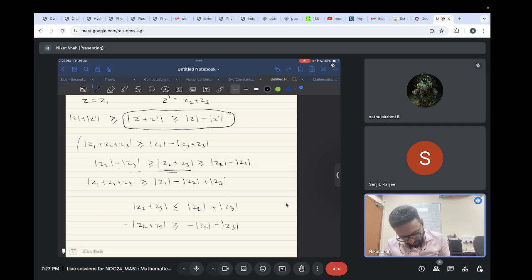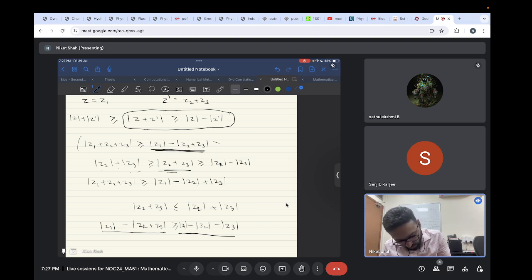Now I'm putting Z1 also on the left. So mod Z1 here, also mod Z1. What this establishes is that mod of Z1 minus Z2 plus Z3 will always be greater than this right hand side, and this is the left hand side here.